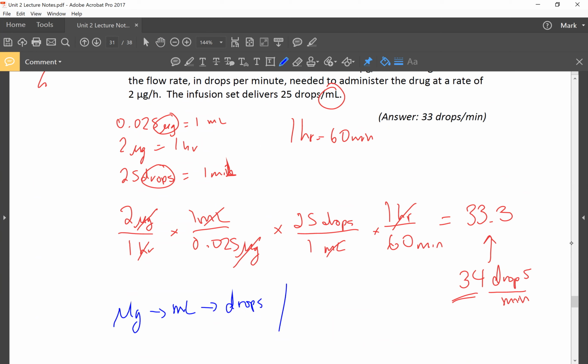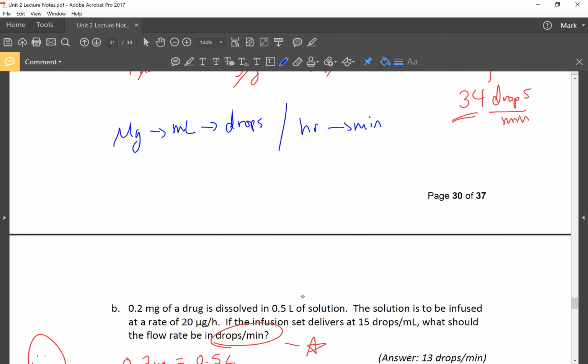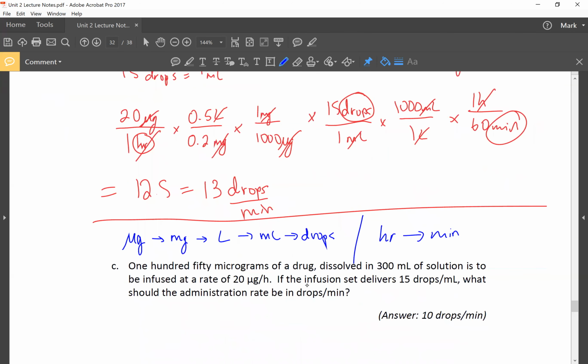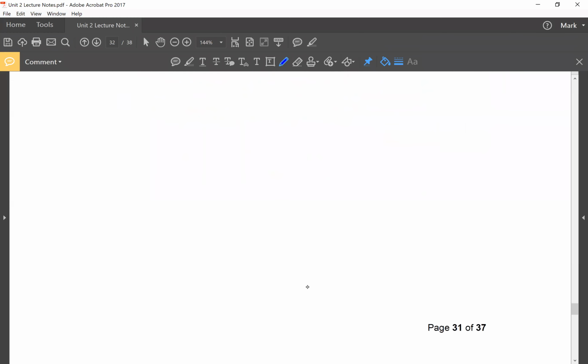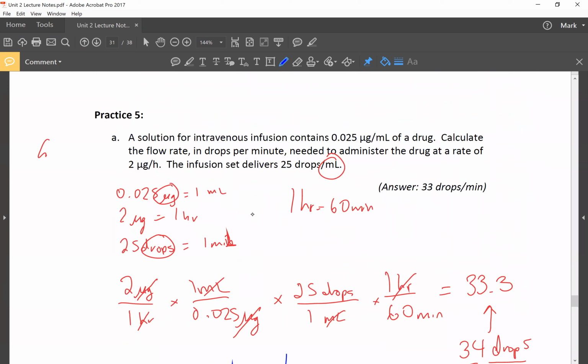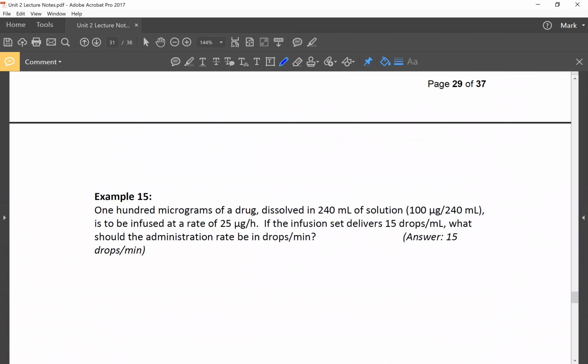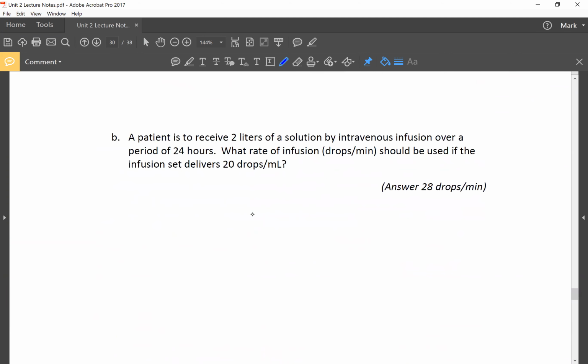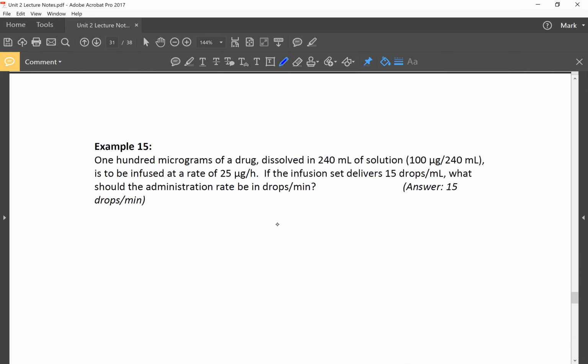And then I went from hours to minutes. This one was a lot easier. I encourage you guys to give this a little practice. Like there's question C here, and then even before question C, I don't think we did all of these. There's a lot more practice you could try, but I'll leave it at that for you to practice.